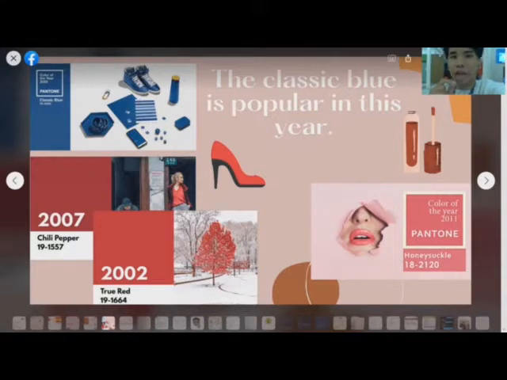Of course, I really love Chili Pepper. It's a color I love very much because when I use this lipstick color, red, I have more confidence. So, this color is the best part of my life now.